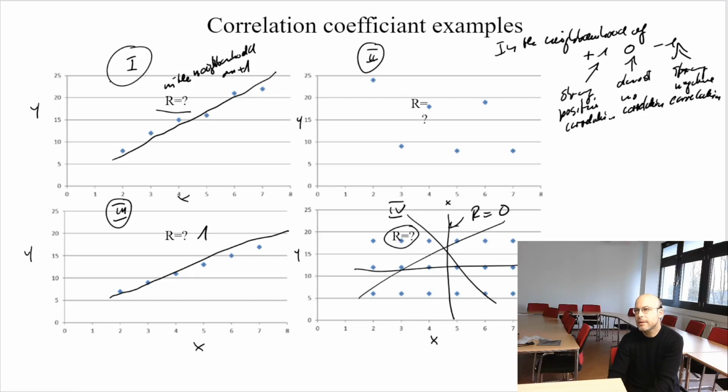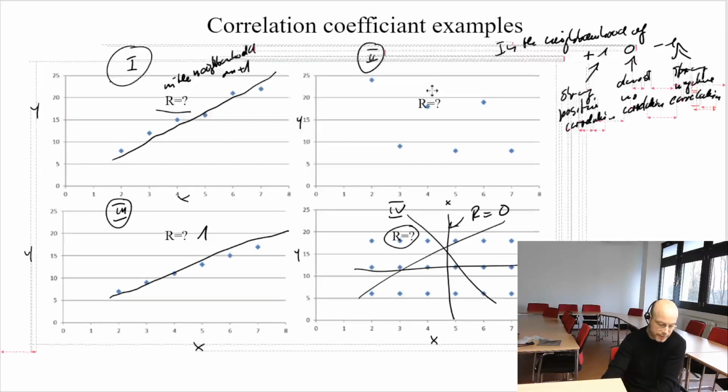Would it then be higher or lower than 0.9? But at first, if you have a look at the data points, will we have a positive correlation or a negative correlation?